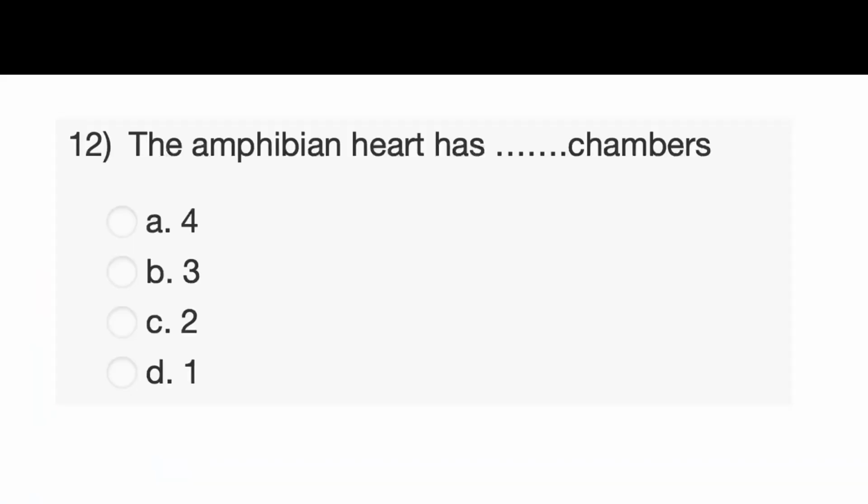Sorry. Okay, the amphibian heart. Option B, three heart chambers. And you guys are correct. The amphibian heart has three chambers.